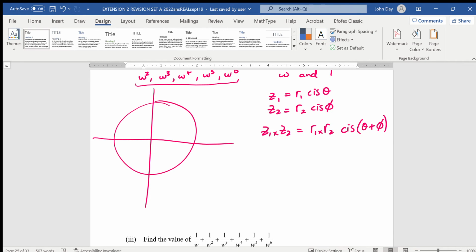Now, in this case, these are complex roots of unity that we're talking about. So they're all going to have a mod of 1. Each of the roots is going to have a mod of 1.